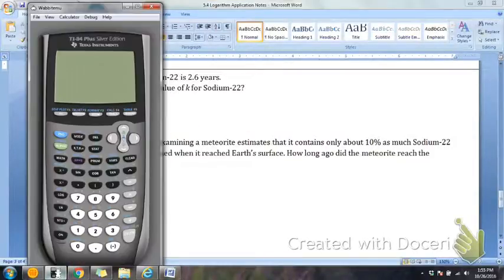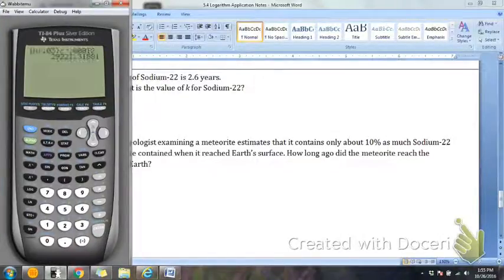So I have natural log 0.5 divided by negative 2.6. 0.26659.